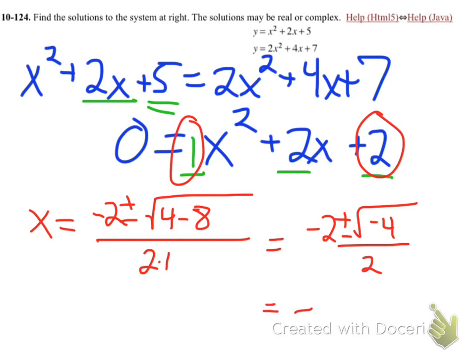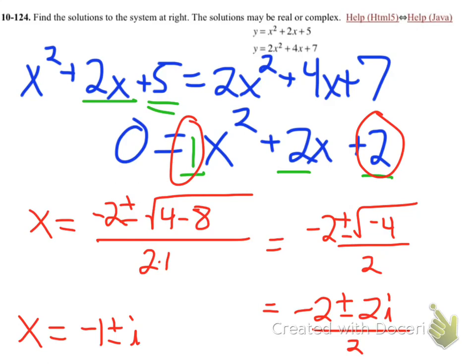So simplifying this again, I have negative 2 plus or minus 2i over 2, which then, from there, I can divide everything by 2, and I'm going to get the answer of x equals negative 1 plus or minus i. Now, since this is a system of equations, I've solved for x, and I have 2 solutions. Now I need to plug it back in and solve for y.